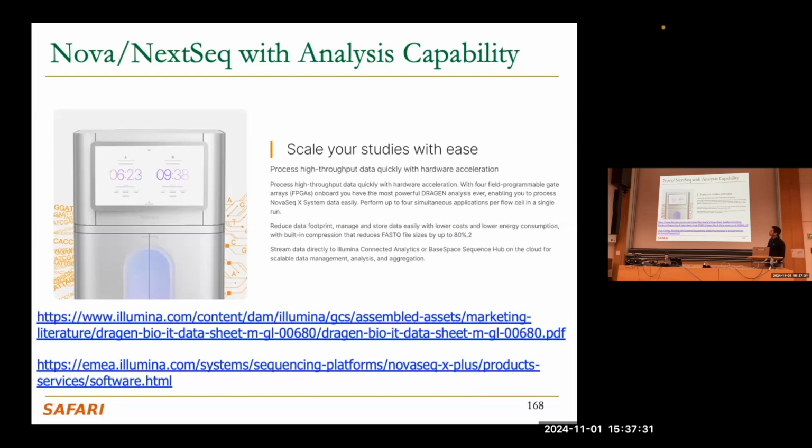There's a huge speedup for the entire genome analysis, reducing the entire genome analysis latency, such that we can now generate the data and then perform the full analysis, starting from read mapping to variant calling, maybe even within a few hours. If you are interested, I won't be able to provide you the link here. Maybe I'll update the slides later on, but take a look at this paper. It's pretty interesting, although you won't be able to find the source code, which is something to discuss, I guess.